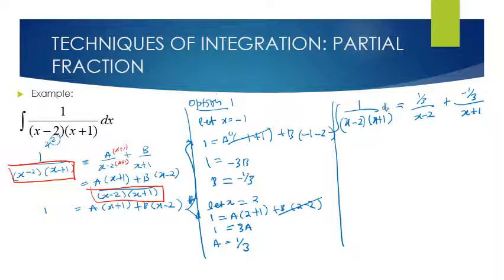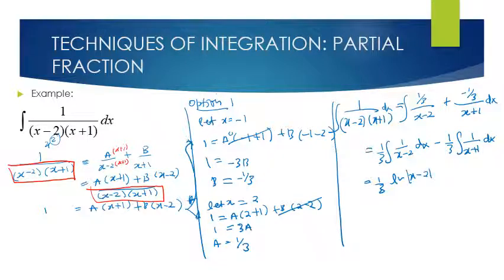The constants come out: 1 over 3 times the integral of 1 over (x - 2) dx, minus 1 over 3 times the integral of 1 over (x + 1) dx. Then we get 1 over 3 ln|x - 2| minus 1 over 3 ln|x + 1| plus c. So this becomes our solution.